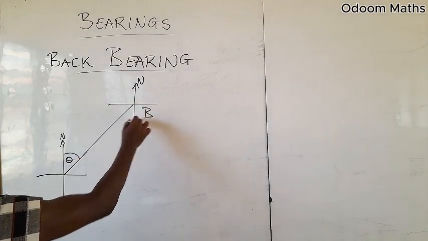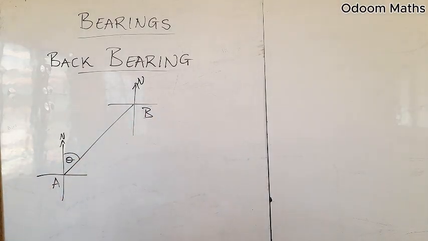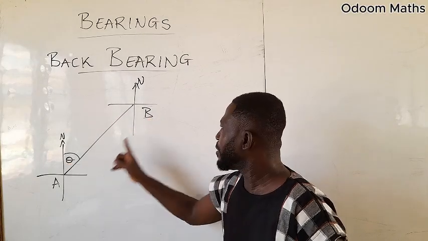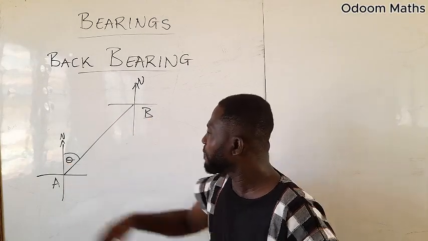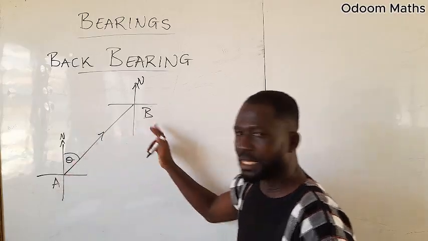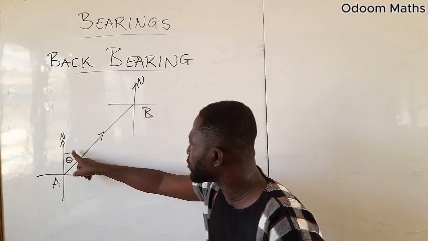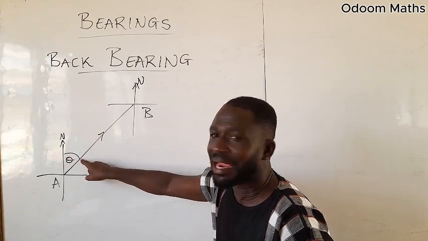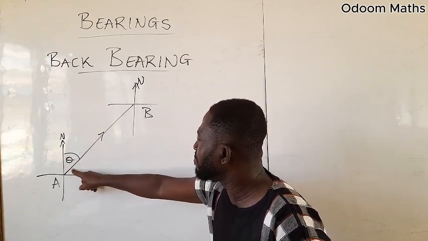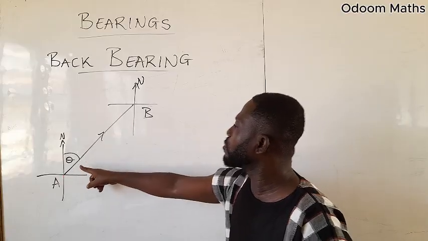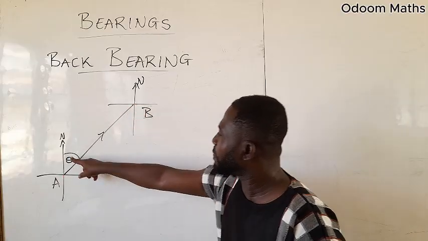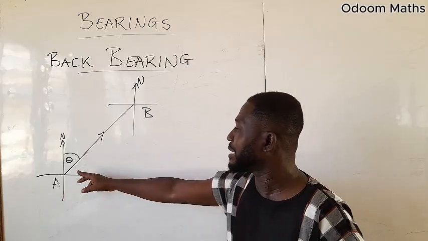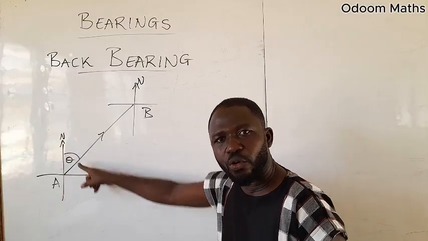So this is point B, this is A. Now, if the bearing of B from A is theta, in the sense that we are moving from A to B in the direction from this point to that point. So we move from geographic north clockwise direction to this direction, this line, and this line measures from this point or goes straight to B. So from here to here measures theta. Okay, because I said bearings are measured from geographic north in clockwise direction.